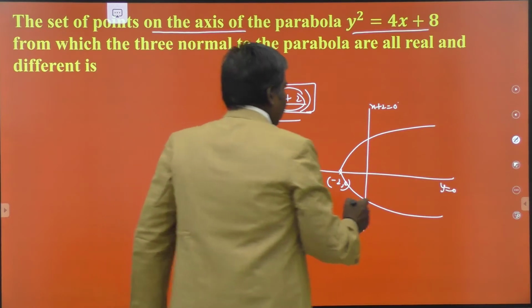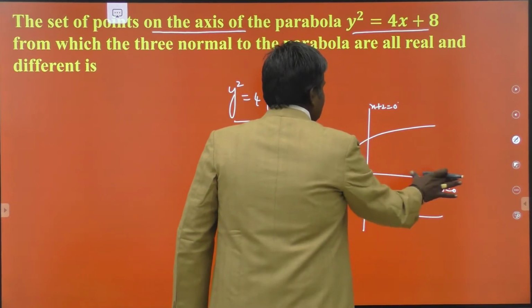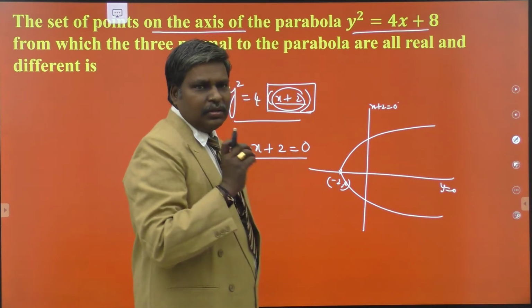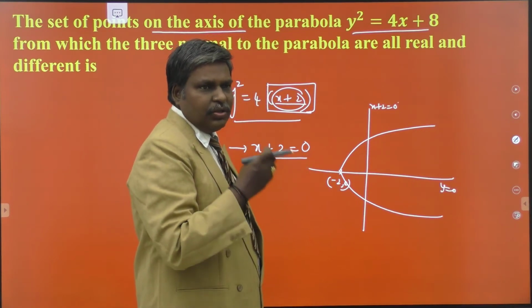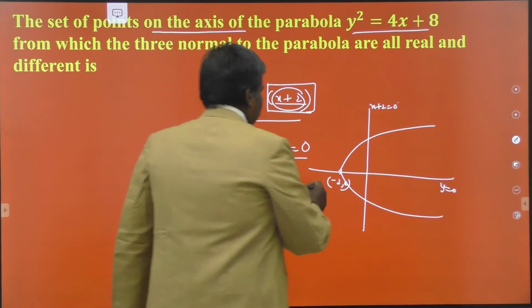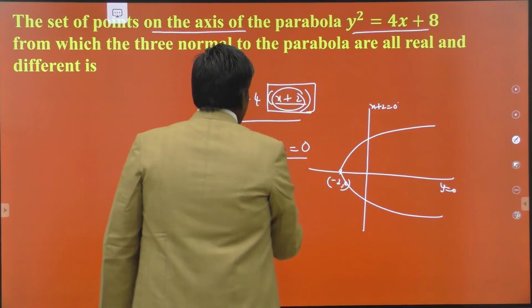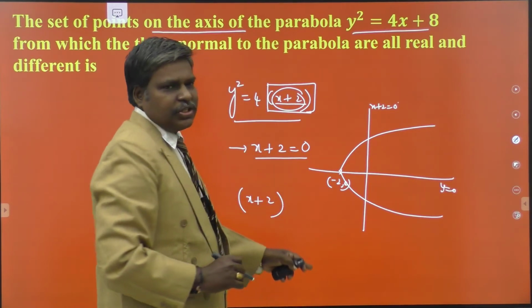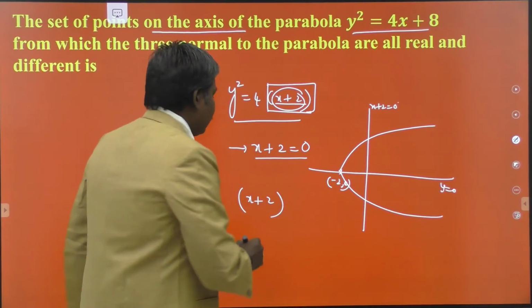If you take any point on the axis of the parabola, the y coordinate is already 0, and the x coordinate must be greater than 2a. So instead of x you have to take x plus 2. x1 greater than 2a is your condition.